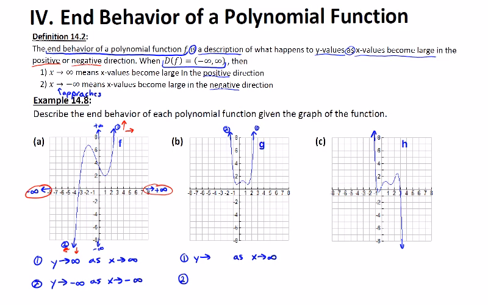And then we'll have y approaches something as x approaches negative infinity, and that's what we always do for the left-hand side arrow. Then all we have to do is determine what is the y direction for the arrow. Since both of these are going up, I would say that they both are going to say y approaches infinity, and that would be as x approaches infinity and also as x approaches negative infinity.